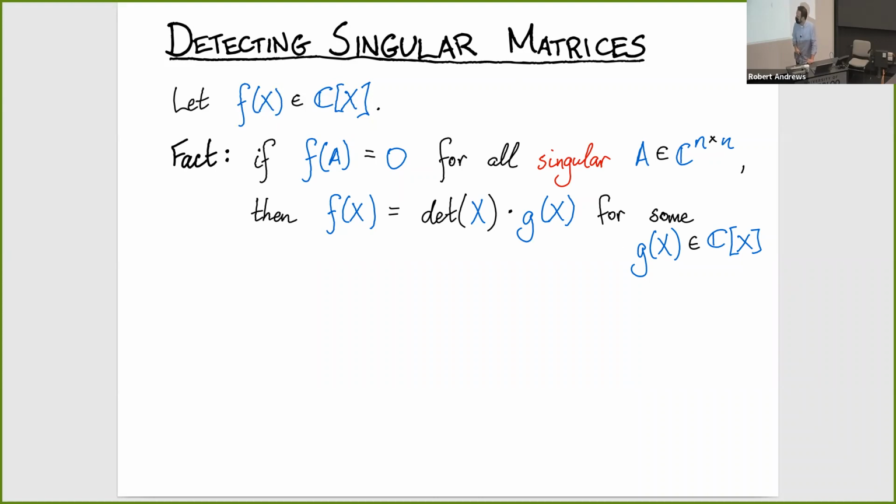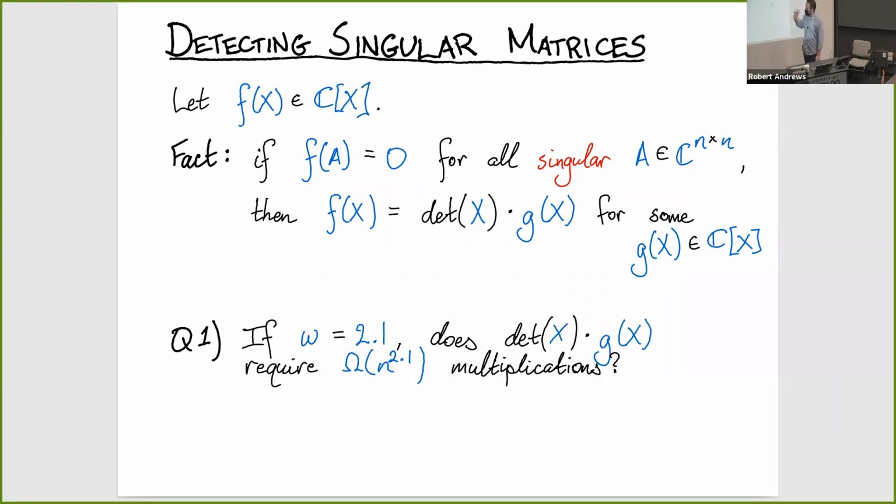Okay? So what I'd like to say is that if omega is large, then small circuits shouldn't be able to compute not just the determinant, but all these multiples of the determinant. Right? The question is, can I show that if omega is large, these polynomials inherit that lower bound?